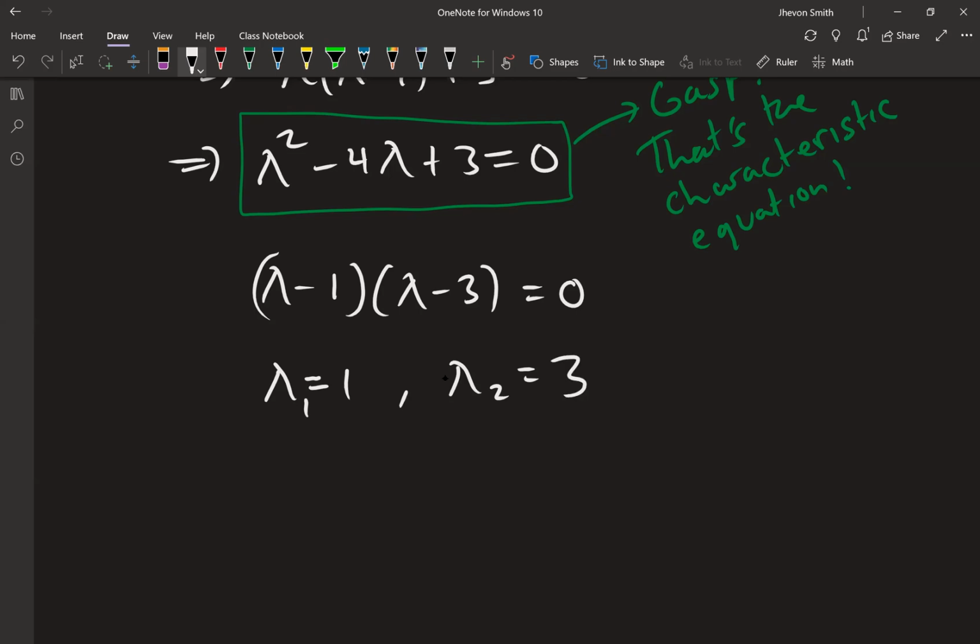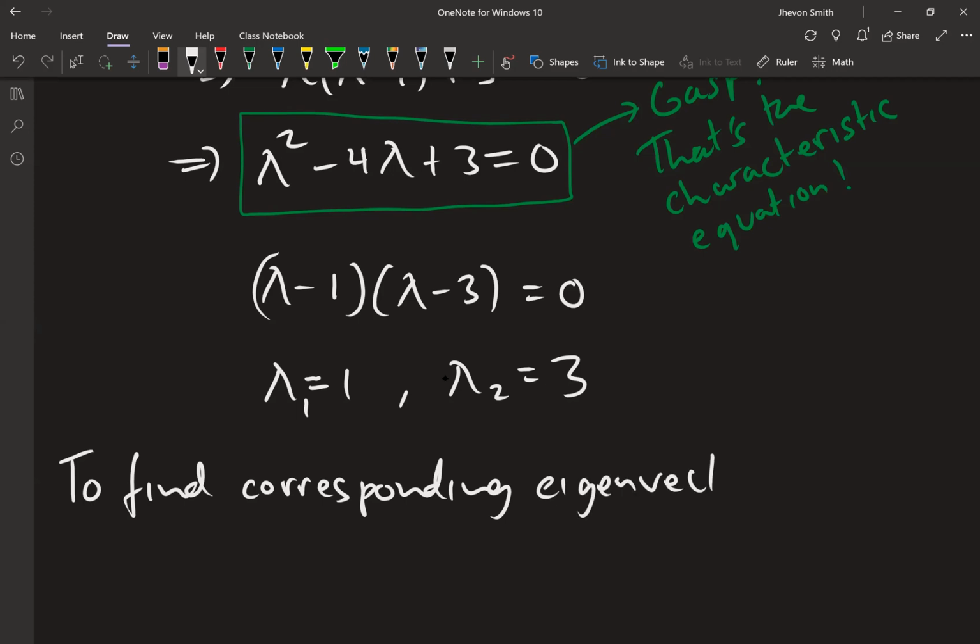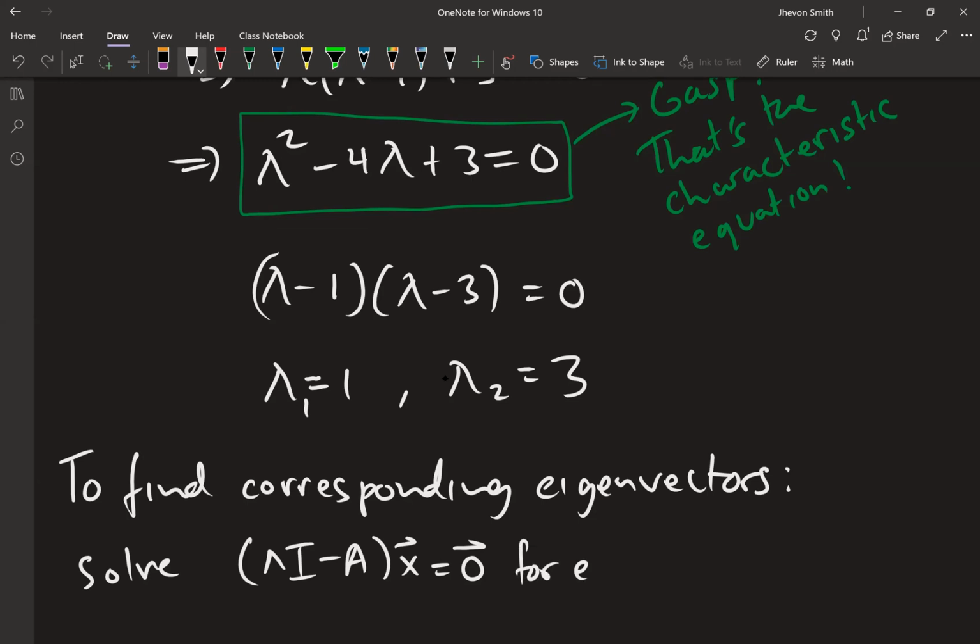Now you go to find the corresponding eigenvectors. You can solve lambda I minus A times x equals the 0 vector for each lambda above.